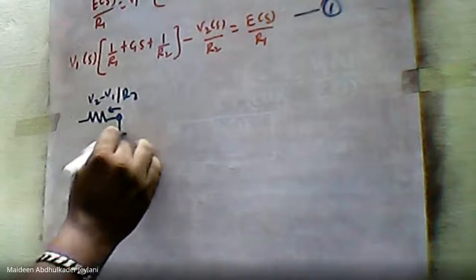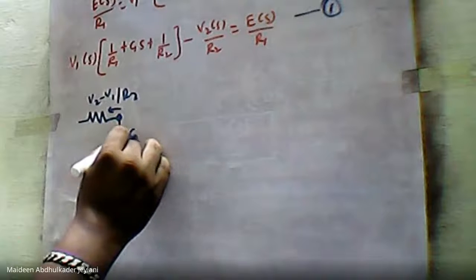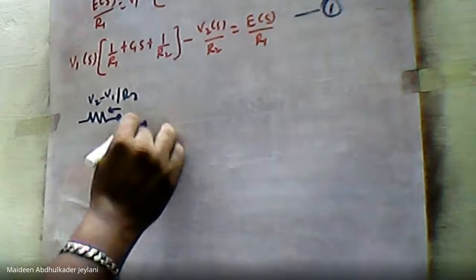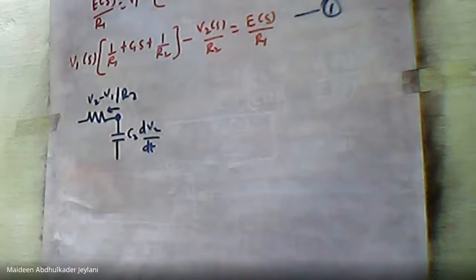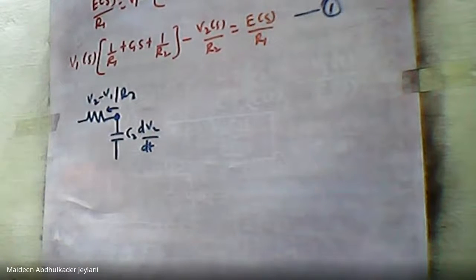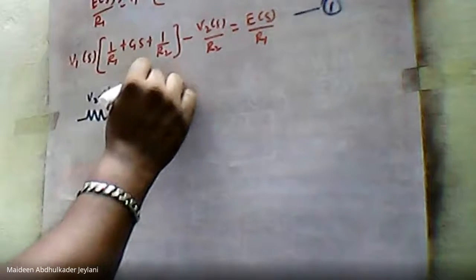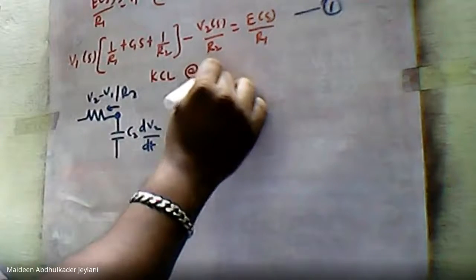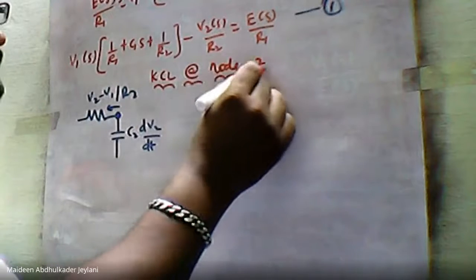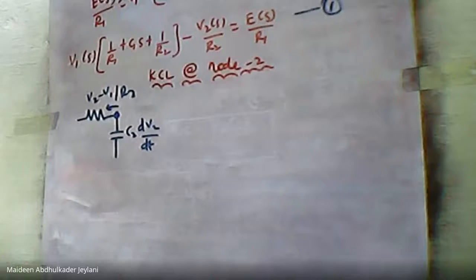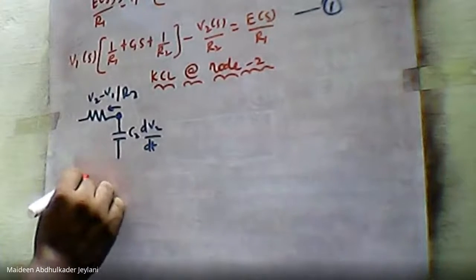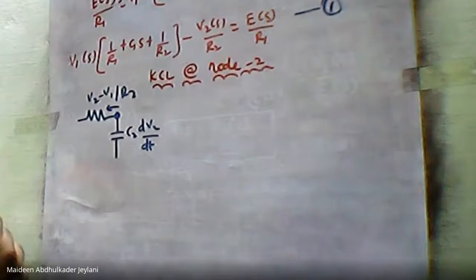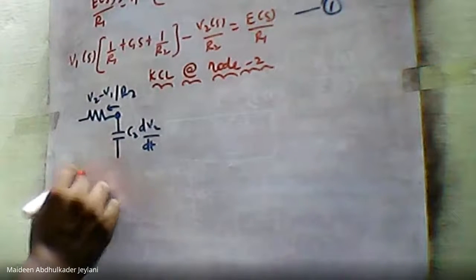Clear? And I have a capacitor C2 connected with node 2, C2 into dV2 divided by dt. Okay, apply a KCL at node 2. So I have no current entering the node, it is 0.